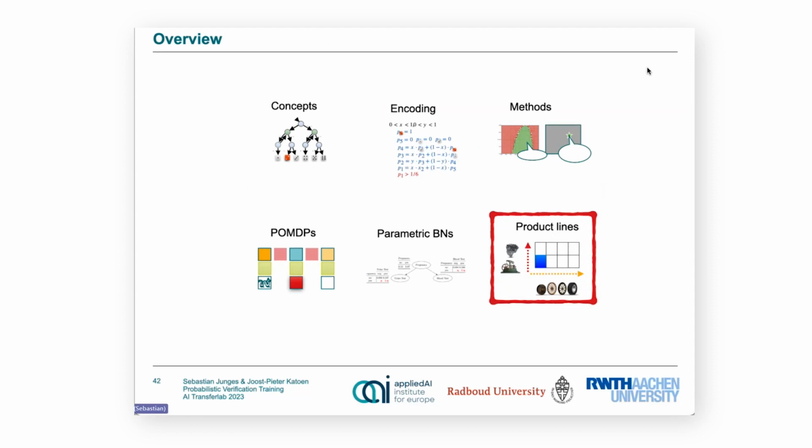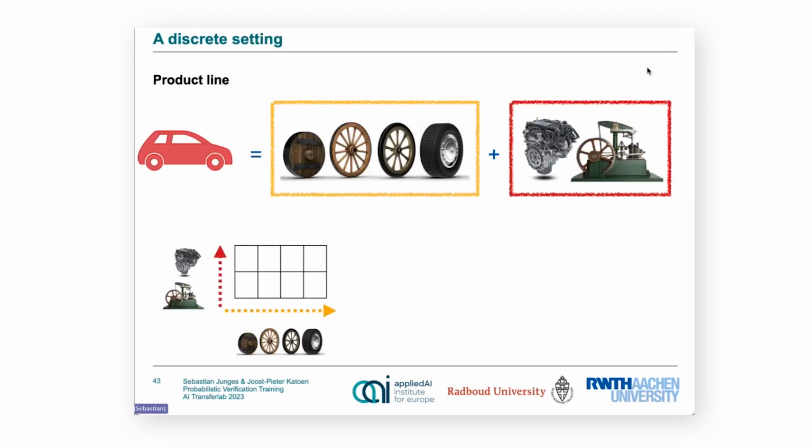I now want to go briefly into product lines. So a product line is another type of parametric system. You can think about a car in a very abstract way as being defined by a set of wheels and the engine that your car is running. And for show effect, I'm taking a steam engine here.